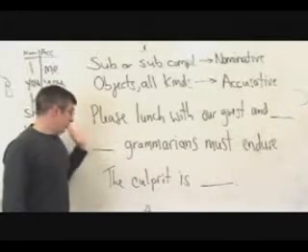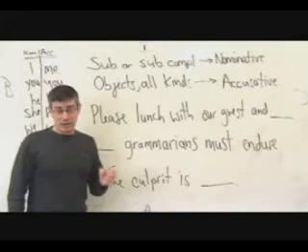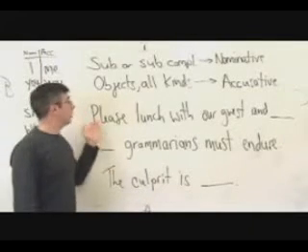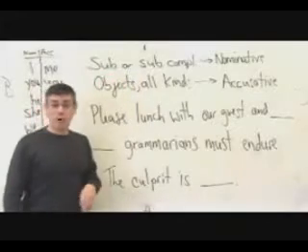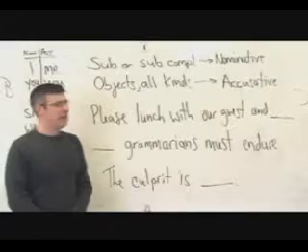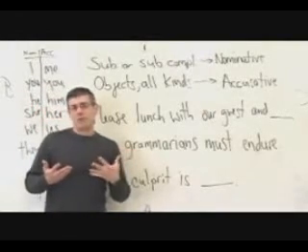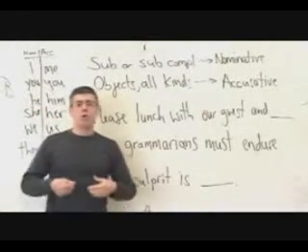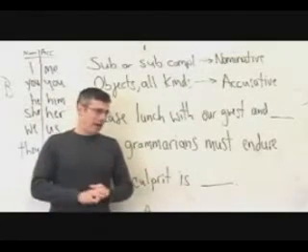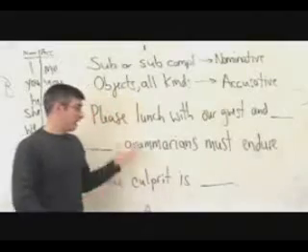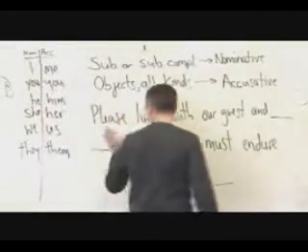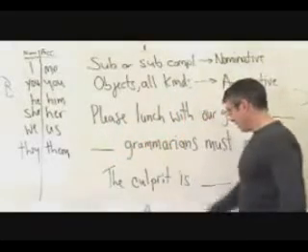And of course, you would say we grammarians. We is the nominative case, and that's what is appropriate for subjects. And again, we can pull out grammarians and ask yourself, would you say we must endure or us must endure? And again, a native speaker would say we must endure. So this would be we grammarians must endure.